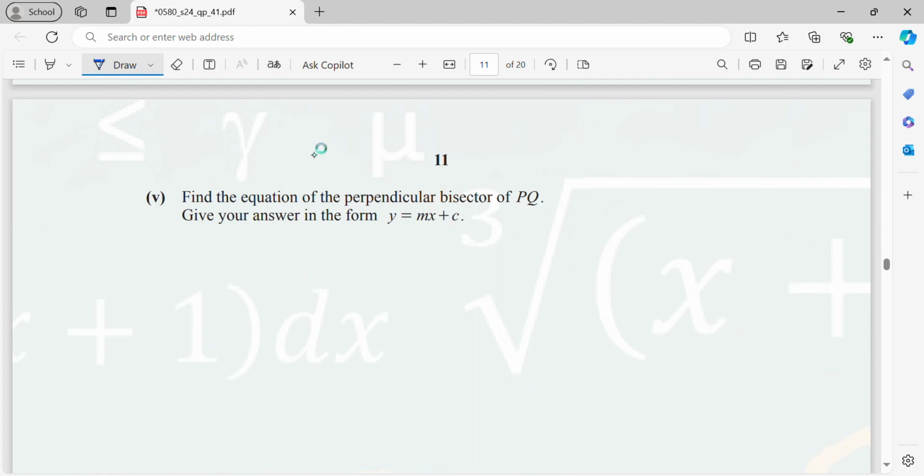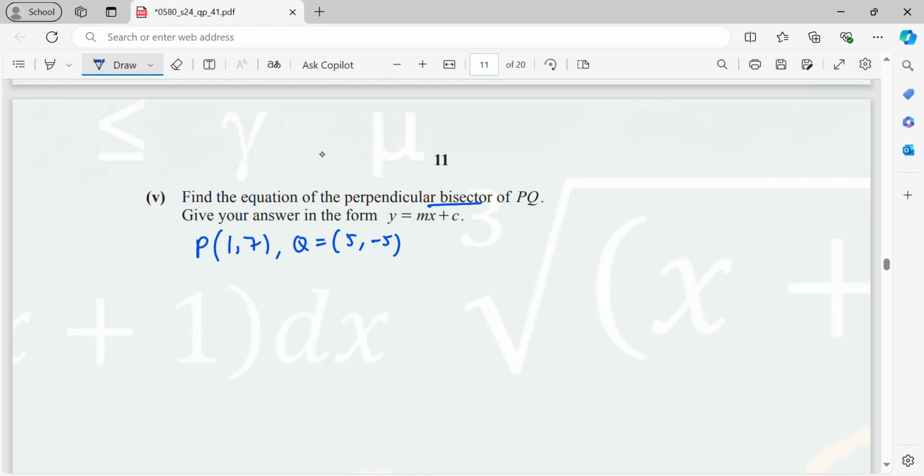Part 5. Find the equation of the perpendicular bisector of PQ. So now rewrite the coordinates. Your P with coordinates 1, 7. Q with coordinates 5, minus 5.